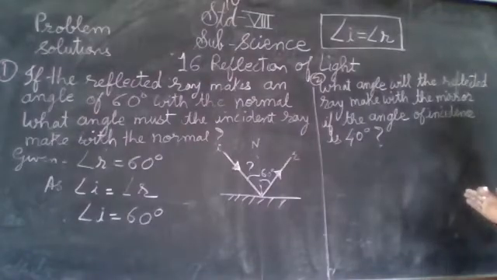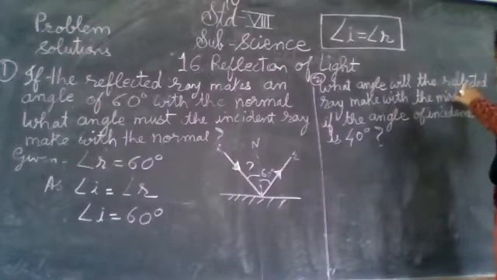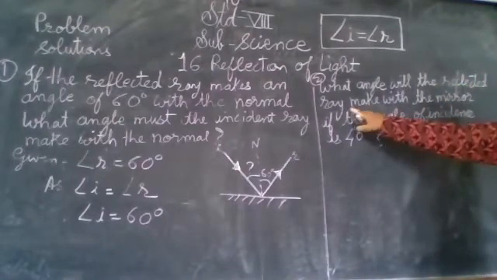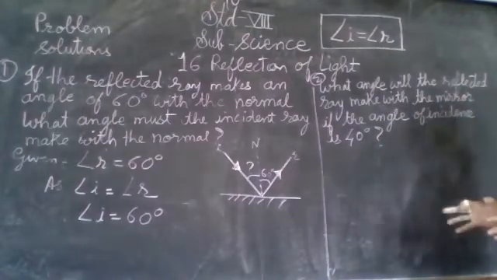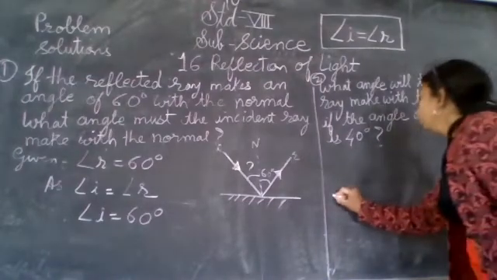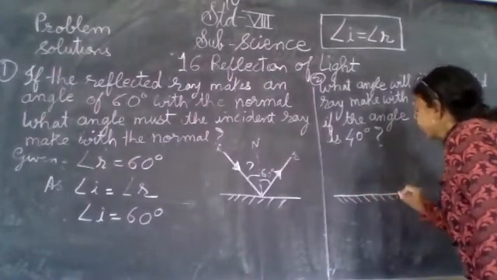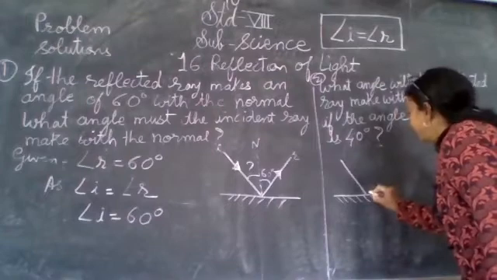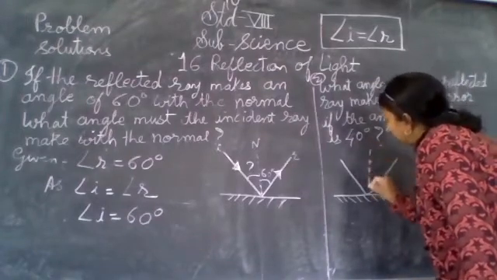One more problem that we shall take. What angle will the reflected ray make with the mirror? You see the terms that are used. Now, if this is the mirror, this is the incident ray, this is the reflected ray, and this is the normal.